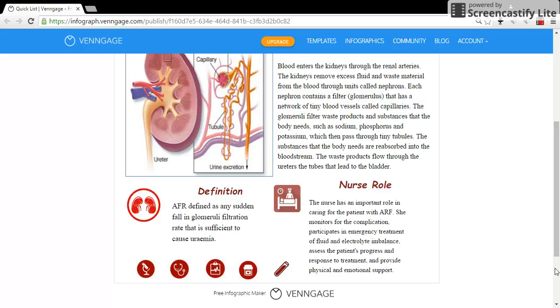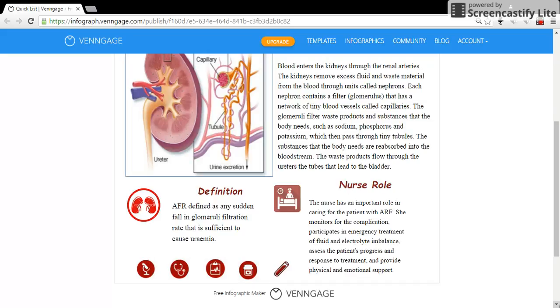Therefore, it is important to understand acute renal failure to provide safe and high quality care that not only meets the patient's needs and values, but also meets the family members' needs and values.